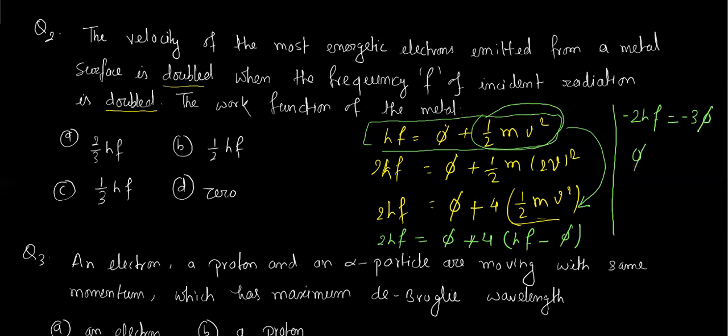So phi will be 2 by 3 hf. So our correct option is option A.